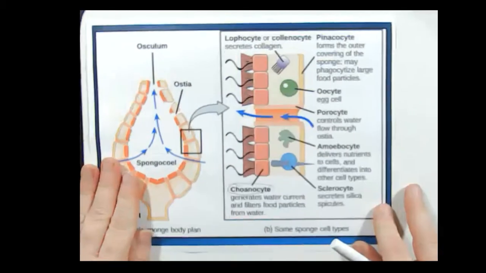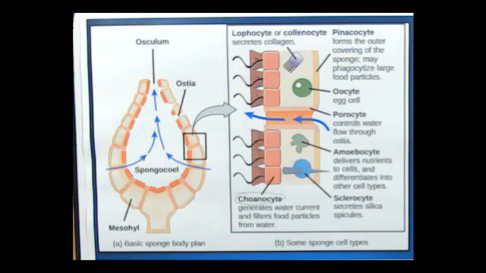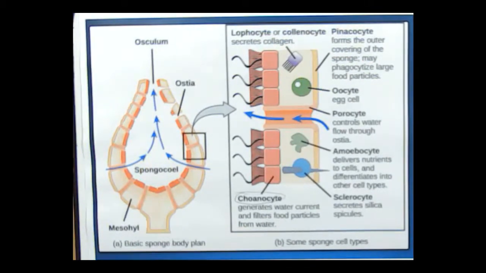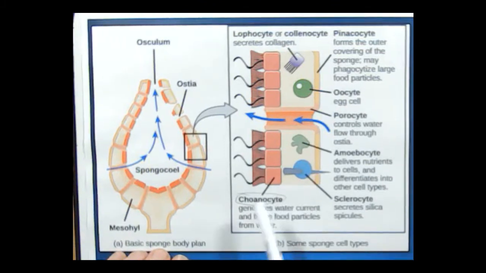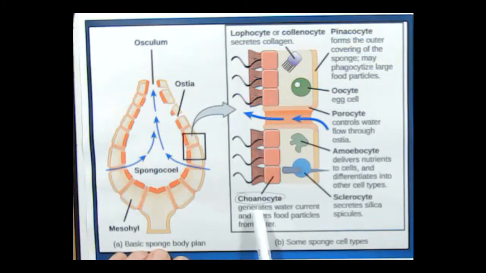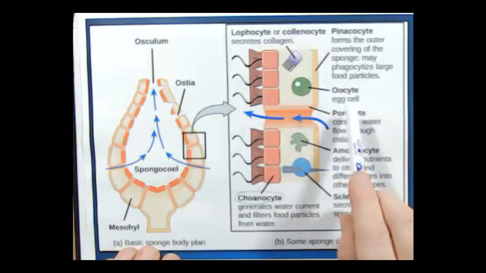So let's look at a diagram of the sponge. In this diagram, you can see a cross-section of the sponge shown here. We had already mentioned the choanocytes, and you do need to make sure you remember them and what they do. Remember, they're responsible for creating the flow that moves through the sponge in order for the sponge to feed. But you can see these other cell types here as well.